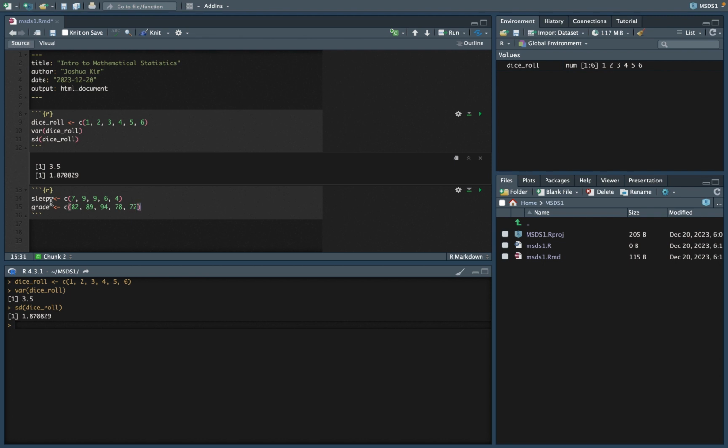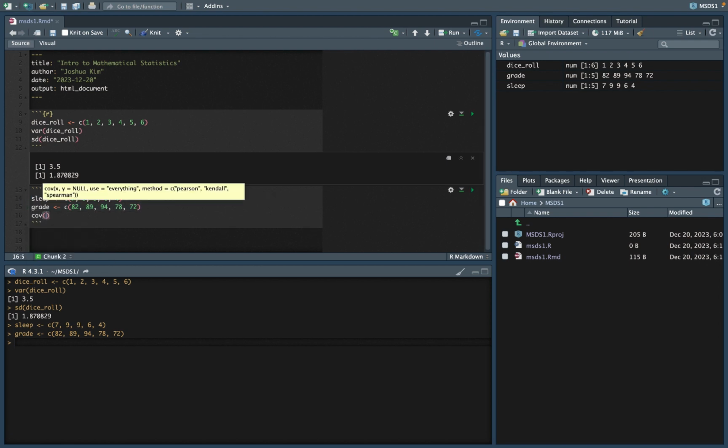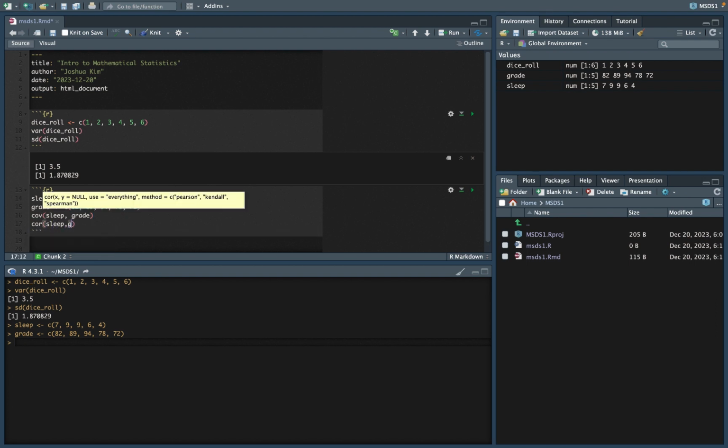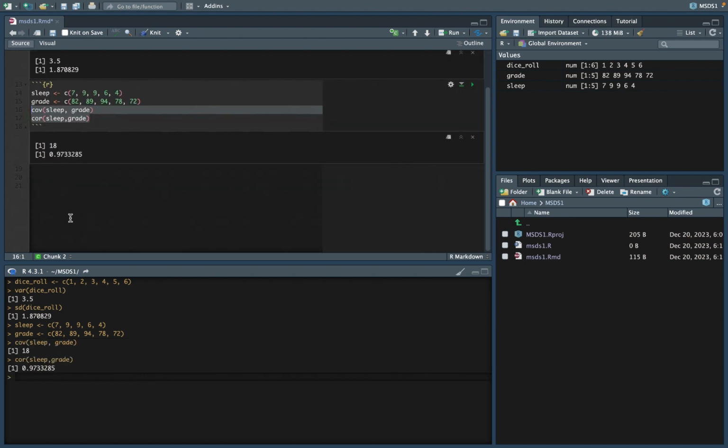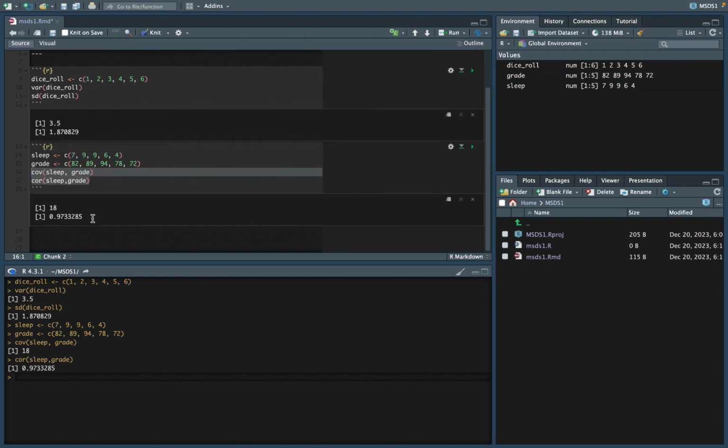If we give the sleep and grade objects, then we can simply measure the covariance and correlation by giving the COV function and putting the two objects in. So 18 is our covariance, and then the correlation is, again, very close to 1.